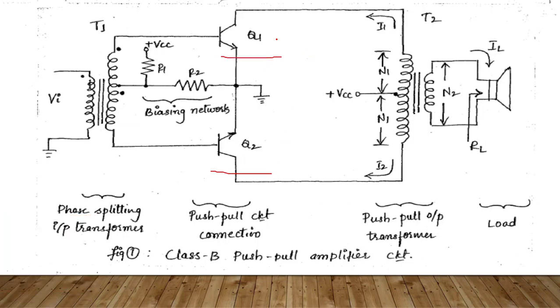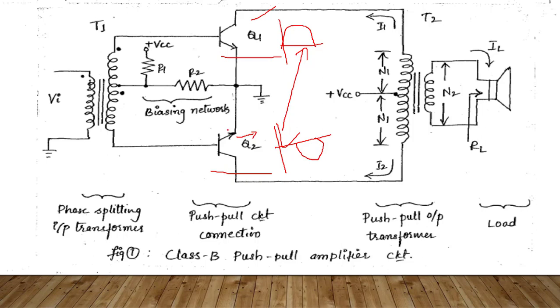Because one transistor has to generate 180 degrees in the positive half cycle and another one has to generate the negative half cycle. Positive half cycle 180 on one side, negative half cycle on the other side, only then can we make a 360 degrees. For that reason, we are using complementary transistors. One is NPN, another one is PNP.